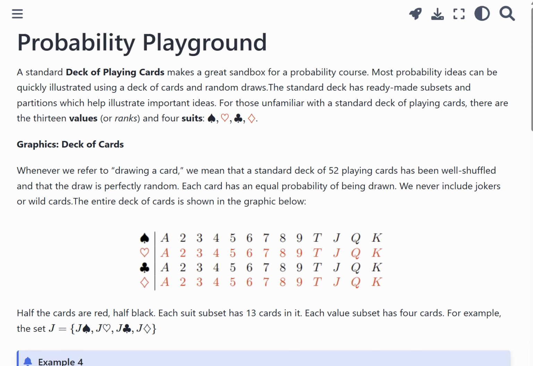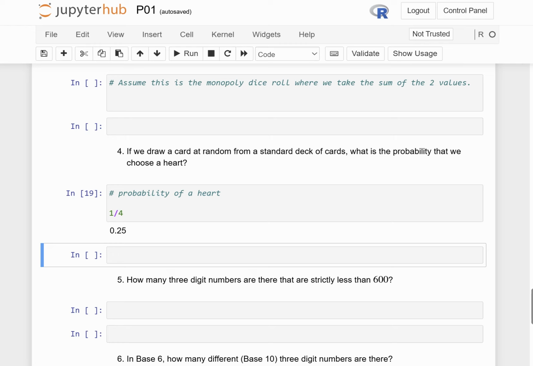And why do I continue to use card examples? Because a deck of cards allows us to have examples for nearly every type of situation that we see in this course in terms of probability. Okay, but the probability of a heart is 13 over 52, right? Which does in fact reduce to 1/4.